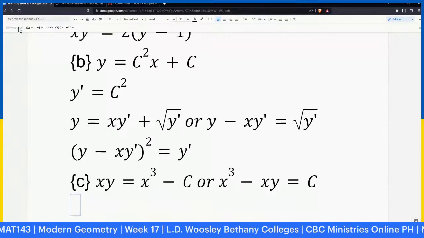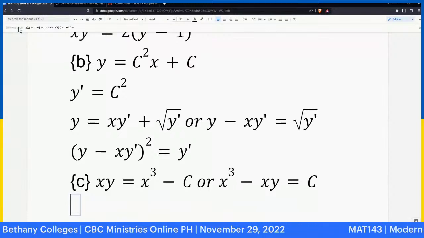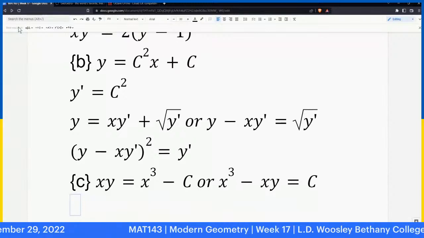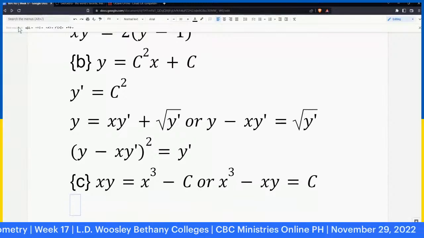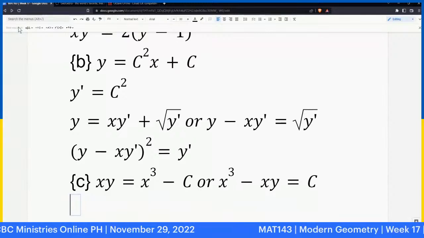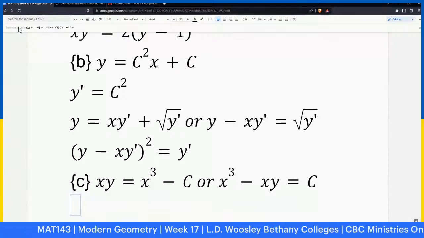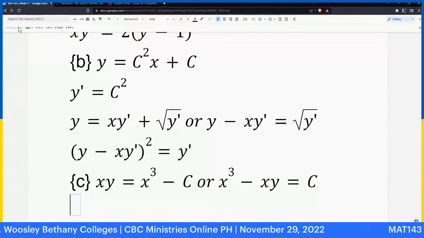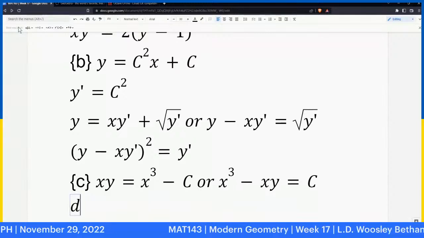What's the derivative of xy? So we are looking here at implicit differentiation already. How will you differentiate xy?